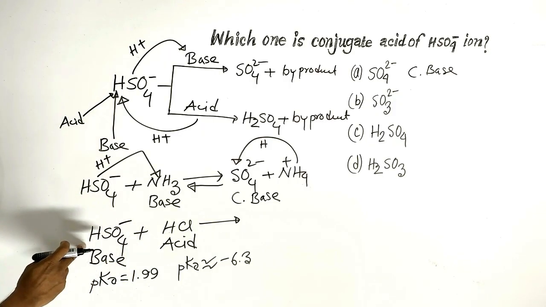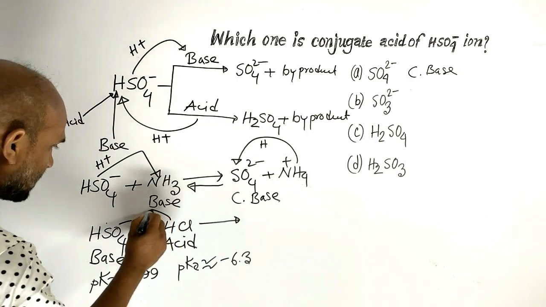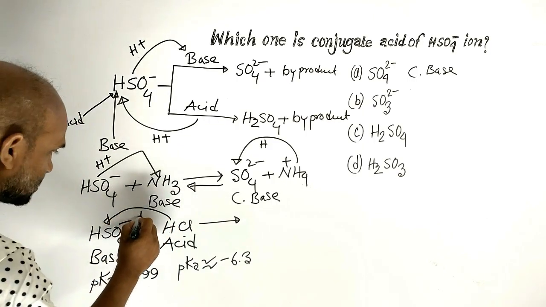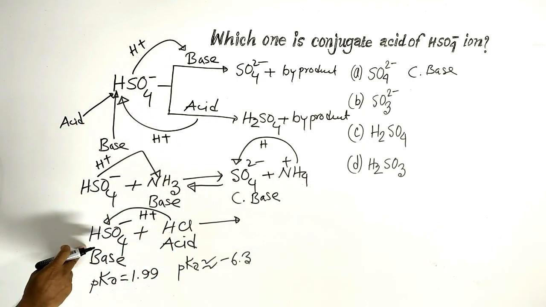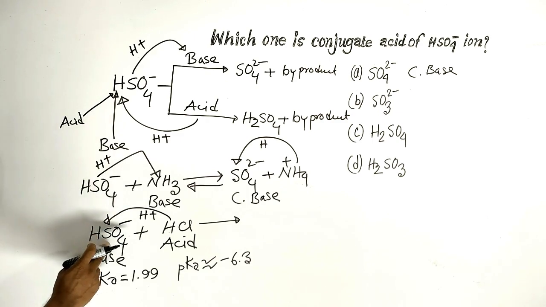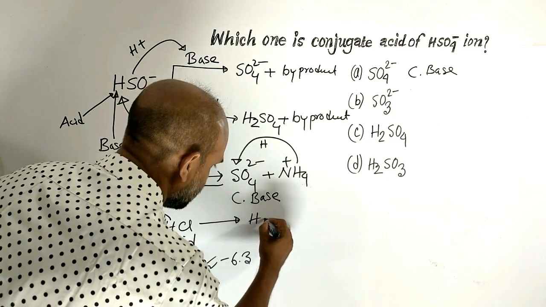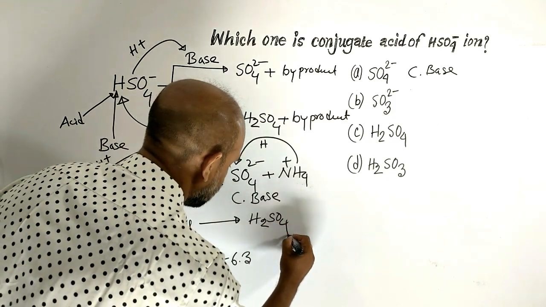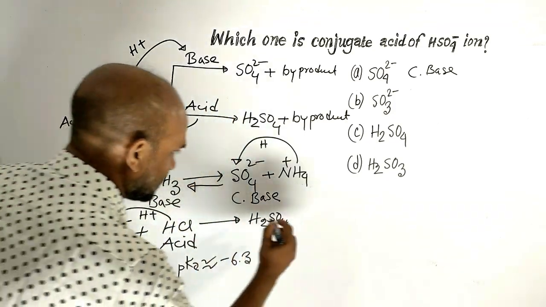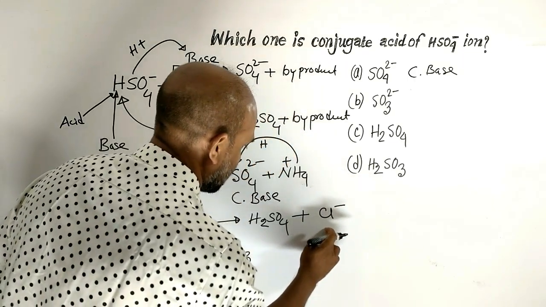When this base is treated with the acid, the acid donates a proton to the base, and as a result, the bisulfate ion, after accepting a proton, turns into sulfuric acid, and hydrochloric acid, after donating a proton, turns into the chloride ion.